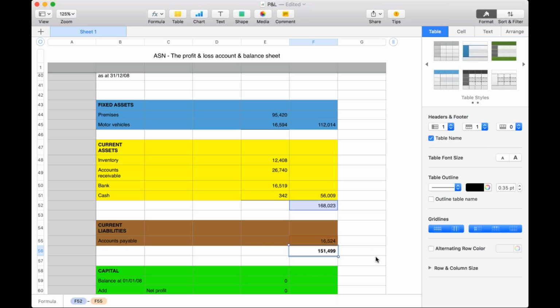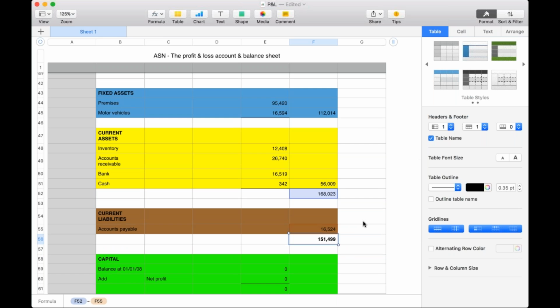As you can probably tell, that is our total assets, total fixed and current assets of 168,023, less our current liabilities of 16,524, gives a figure of 151,499. So basically that's a total of both our fixed and our current assets, and it's taking away our current liabilities. So we're basically saying everything the business owns less what the business owes.